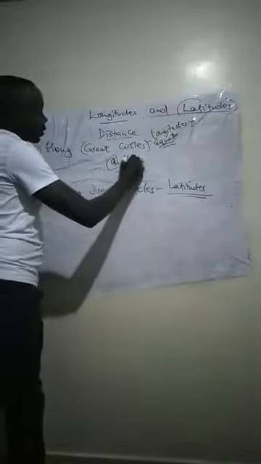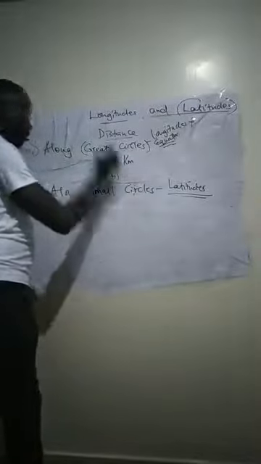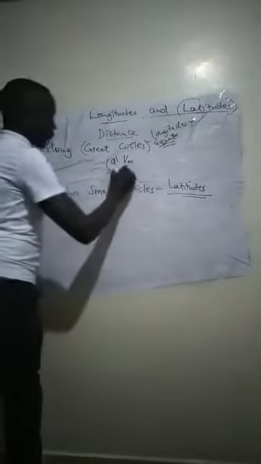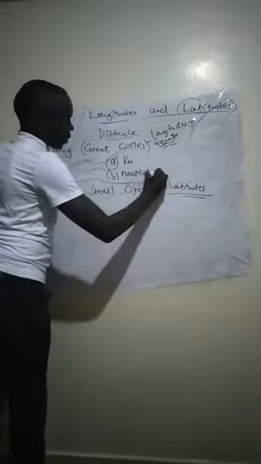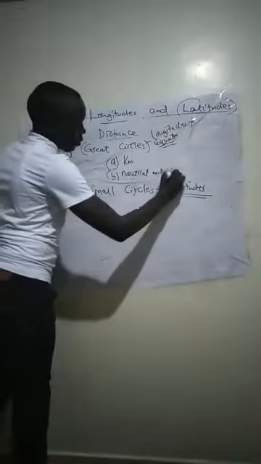Now the other thing we need to know is that this distance can be obtained in A, kilometers, and B, which might be a bit new, in nautical miles. It is denoted as NM, nautical miles.